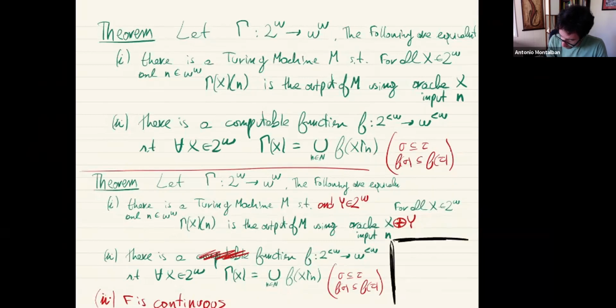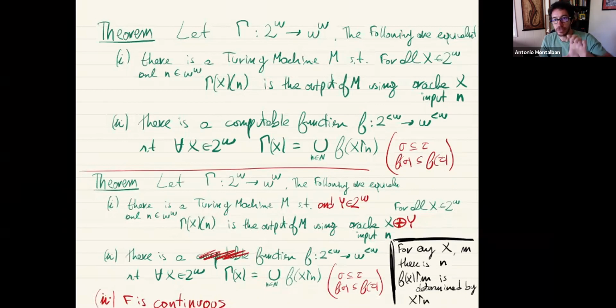So continuous: if you write the epsilon-delta definition in this metric, this is the same thing as for every x and every m, there is an n such that f of x up to m, so the first m bits of f of x, is determined by x up to n.